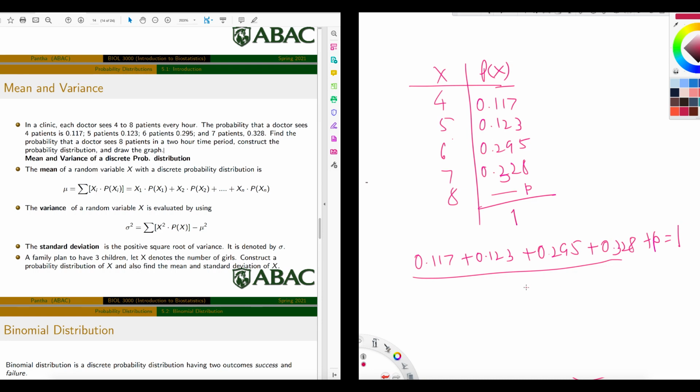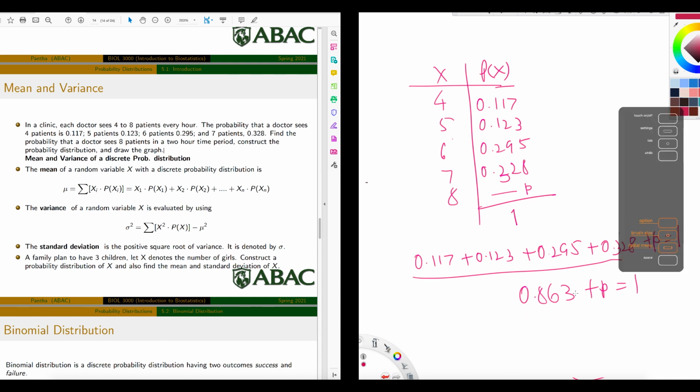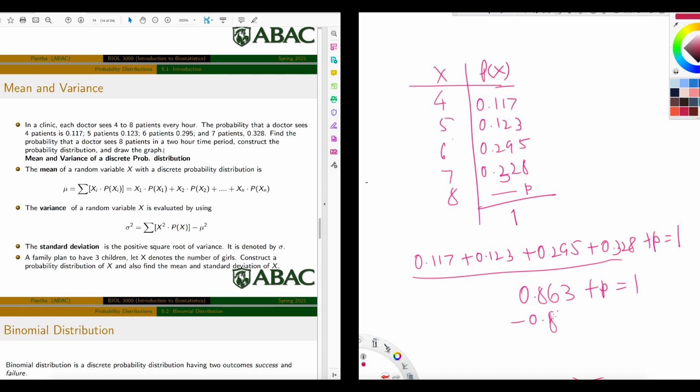So it is basically 0.863 plus p equals 1. Subtract 0.863 from either side: p equals 1 minus 0.863, so p is 0.137. This is the probability that the doctor sees 8 patients in an hour.